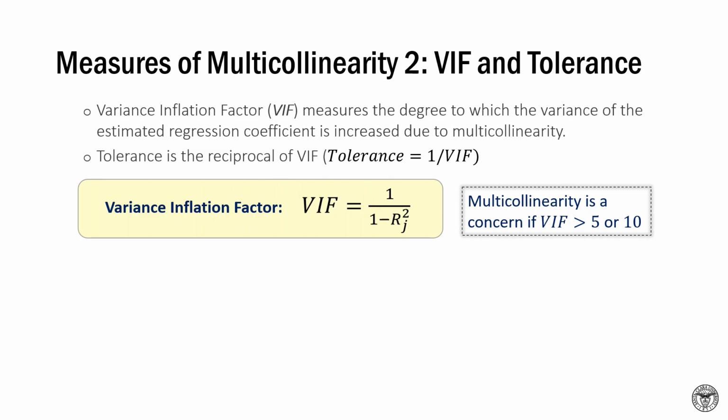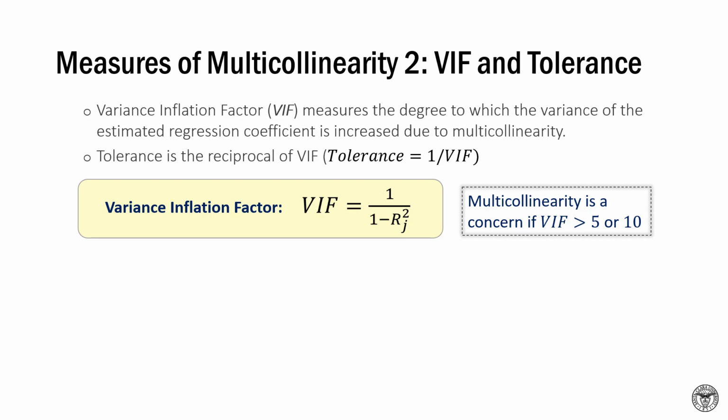The second approach to measure multicollinearity involves the use of the variance inflation factor, VIF, which quantifies the extent to which the variance of the estimated regression coefficient is amplified due to multicollinearity. A VIF value of 1 suggests no multicollinearity, while a value greater than 1 implies its presence.